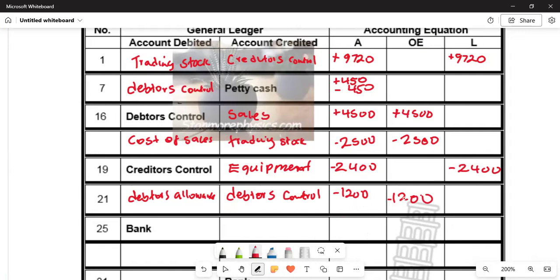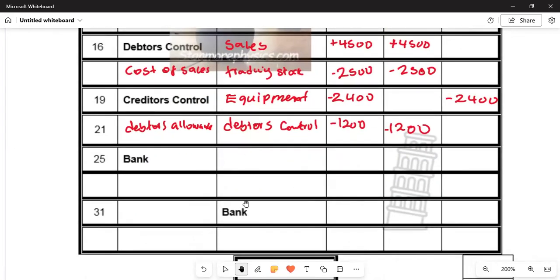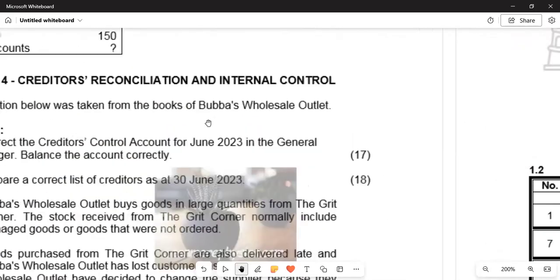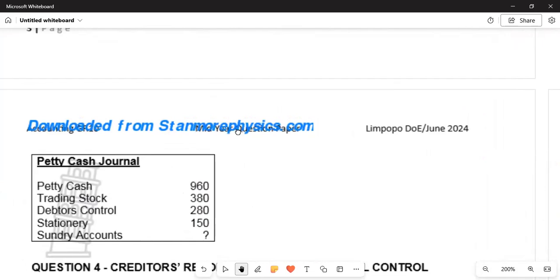So that means what? Our owner's equity is going to be affected. Our revenues are going to be reduced because those goods are returned back to us. So that is that. Now let's move on to the transaction of 20, which took place on the 25th.